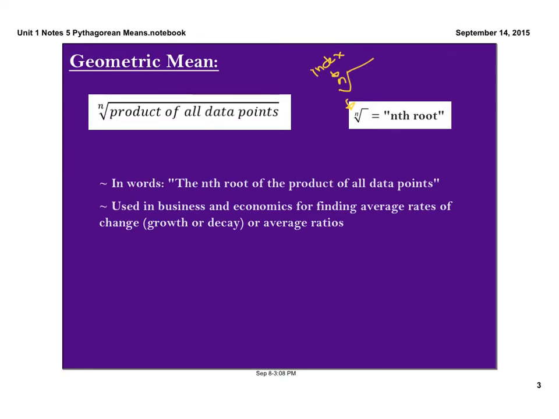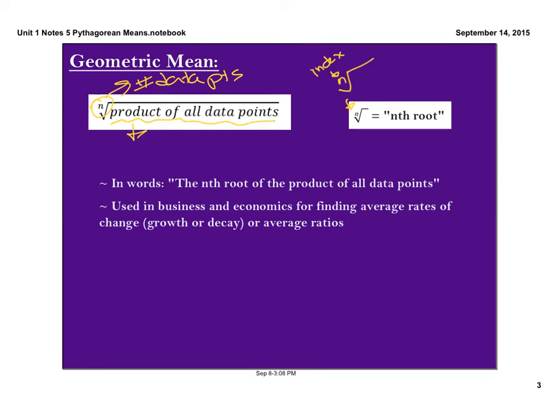In the geometric mean, we're going to use an index of whatever number of data points we have. So n is still your number of data points, just like it has been in every other lesson, and just like it will be for the rest of this trimester. Then the thing that goes underneath that radical sign is the product of all the data points.